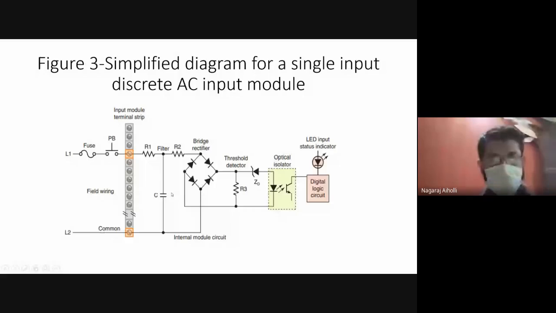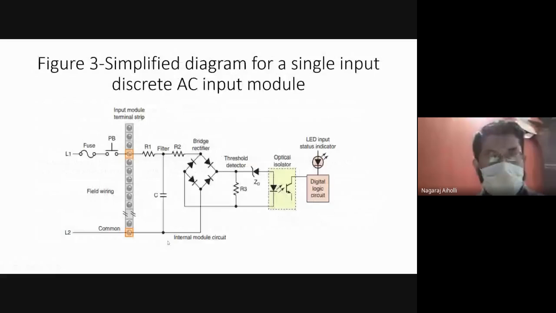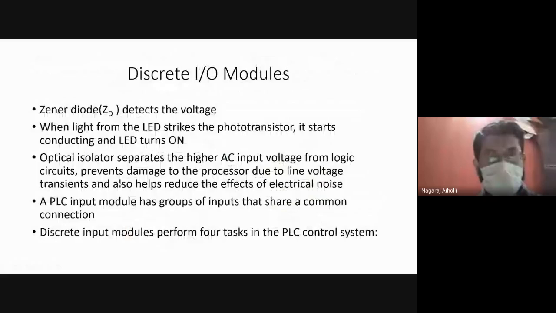When the push button is closed, a 120 volt AC signal is applied to the bridge rectifier. This results in a low level DC output voltage that is applied across the LED of the optical coupler, or optocoupler. Zener diode ZD detects the voltage. What is the voltage of the input signal applied? In terms of the DC voltage, it detects that voltage.